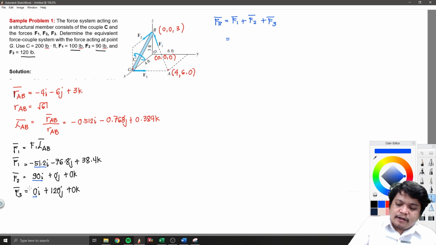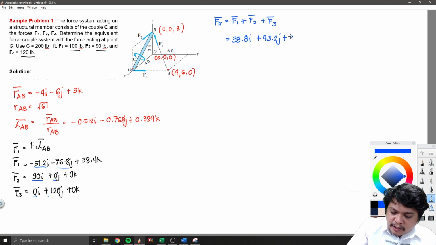So, you will be having here 38.8 of i. Okay? Next, for the j, negative 76.8 plus 0j, and then plus 120. So that's equal to 43.2 of j. And lastly, we have the k, plus 38.4 of k.